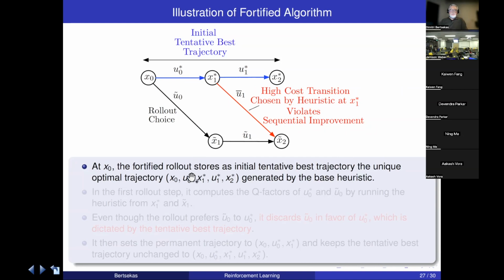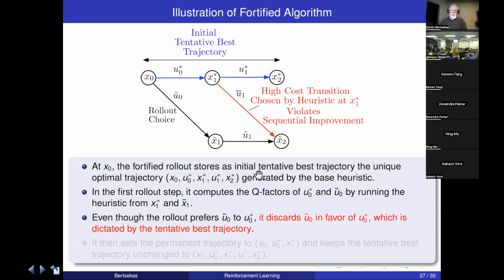So in the fortified rollout algorithm, the steps are: at the initial state, we store as initial tentative best trajectory the unique optimal trajectory that's generated by the base policy. In the first rollout step, we compute the Q factors of U0 star and U0 tilde by running the heuristic from X1 star and X1 tilde.